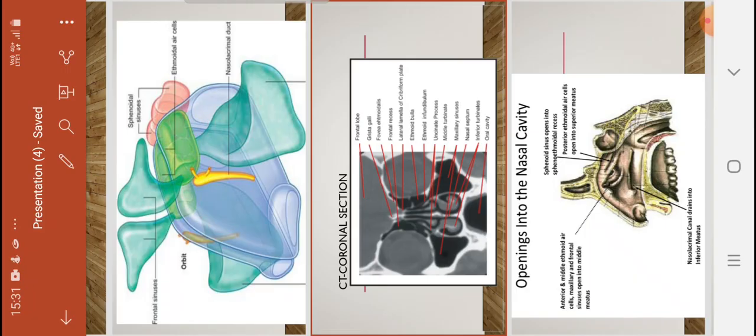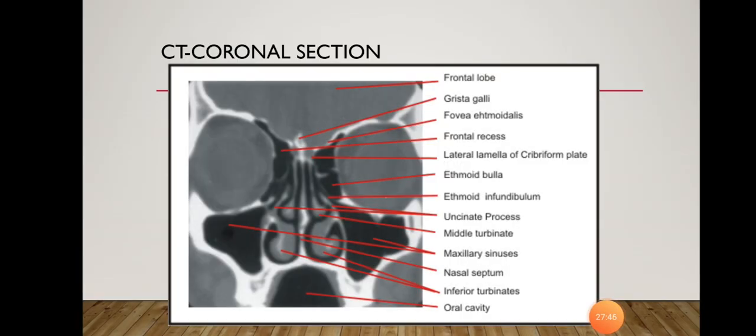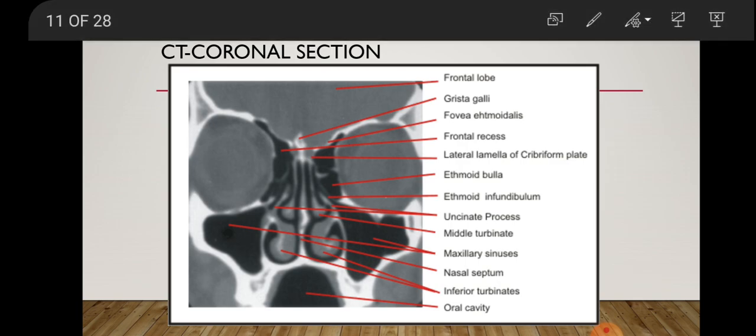And one more section you have, that is the coronal section. This is also a CT picture. You can visualize all the paranasal air sinuses. Yes, you can see the frontal, ethmoidal, and the maxillary sinus.